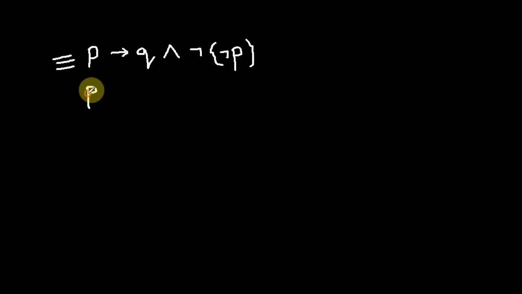Remember, P implies Q is also not P or Q. Both are similar expressions. If you want to check whether this is correct or not, just look at the truth table for both and compare. Okay, both are the same, and then use the AND operator.